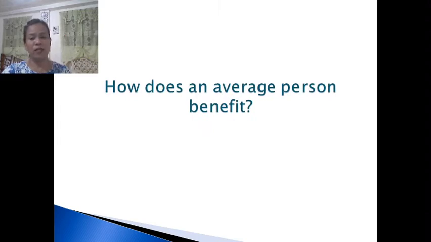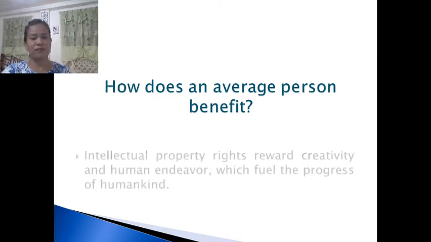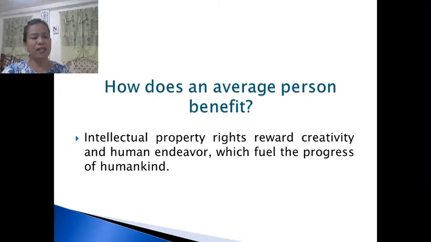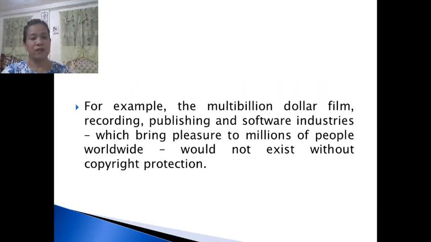Then with those things that we tackled, how does an average person like us benefit? Now remember that intellectual property rights reward creativity and human endeavor, which fuel the progress of humankind. For example, the multi-billion-dollar film, recording companies, publishing, and software industries, which bring pleasures to millions of people worldwide, would not exist without copyright protection.